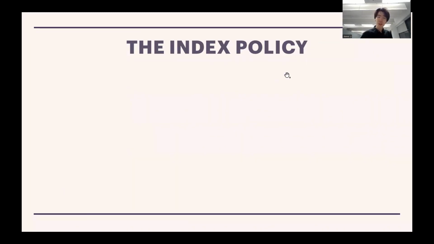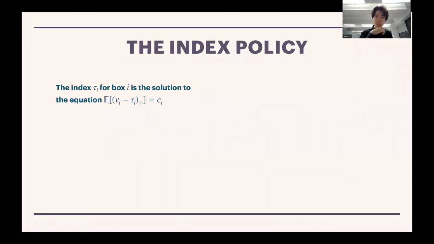So first I want to mention the index policy. So what is the index? We use the notation tau i. Okay, tau i is the index for box i, a solution to the following equation. You can take a pause to read this equation. But the meaning of this equation is that you can understand tau i as a threshold.